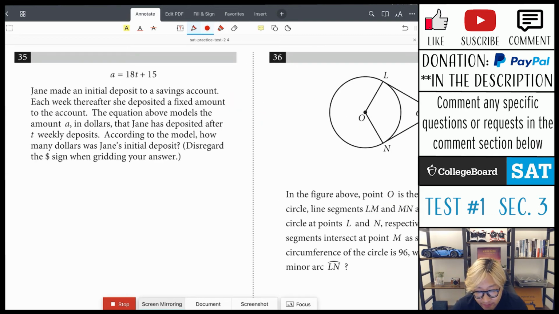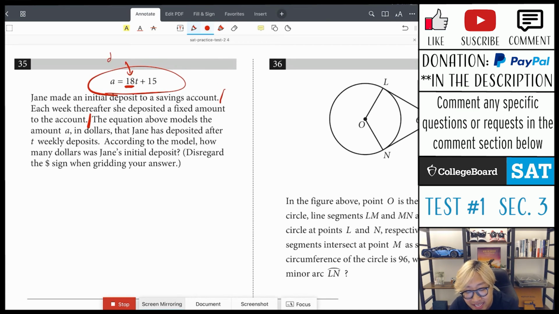Number 35. Jane made an initial deposit to a savings account. Each week thereafter, she deposited a fixed amount to the account. Let's look at this equation. Well, if you understand the linear equation, that 18 is the slope, aka that's the amount this is increasing by, aka that's probably how much she is depositing each week.